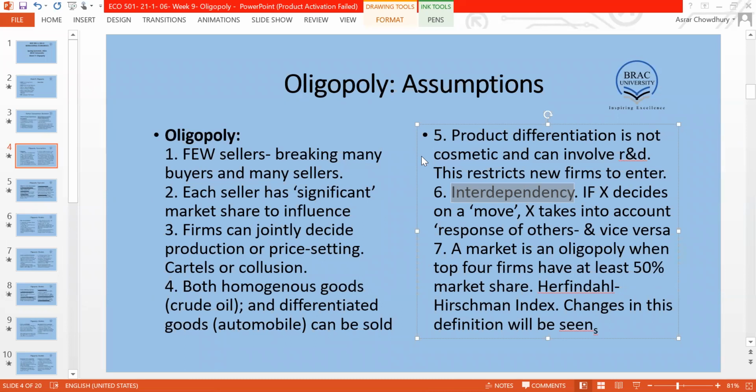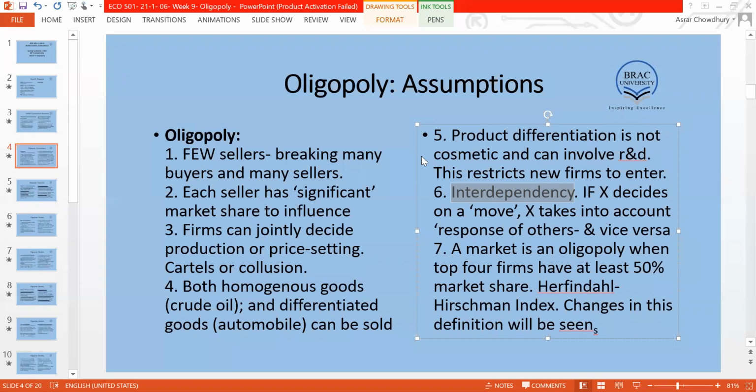So my decision of moving the pawn from one square to another depends on what the other party will do. So interdependent decision, first of all, is that under perfect competition, I was not taking into consideration what others are doing, and the reverse was also true. Here, I'm taking into consideration what others are doing, number one.